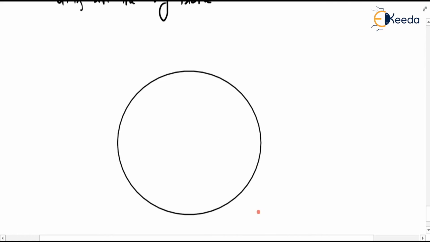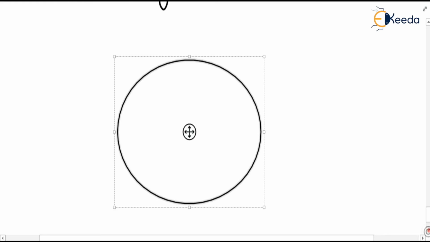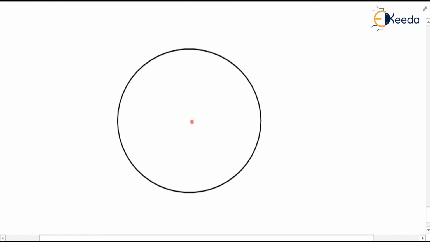When we take the cross section of the cylinder, it will be a circle. Now suppose this is the xy plane which I am drawing on this circle.